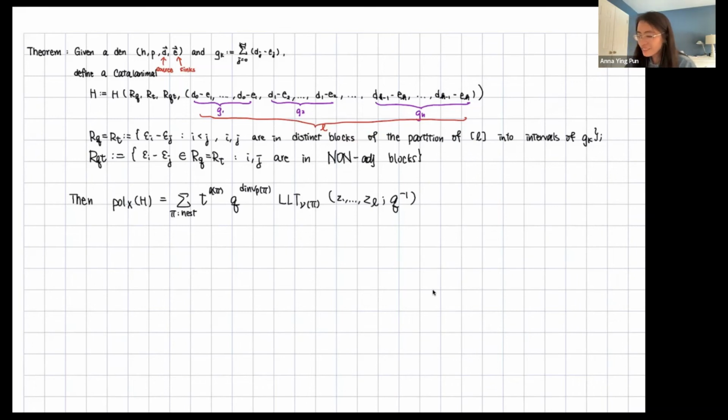Anyway, so this is the conjecture, and that may help answer the question of Brandon, because he was like, how did you come up with something like this? So this is our main theorem.